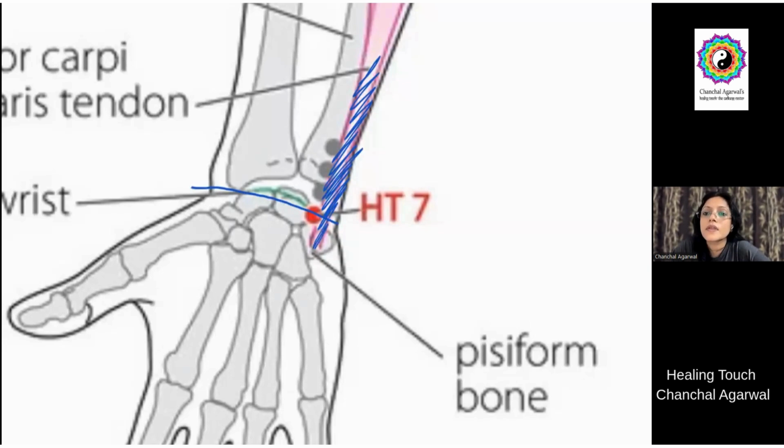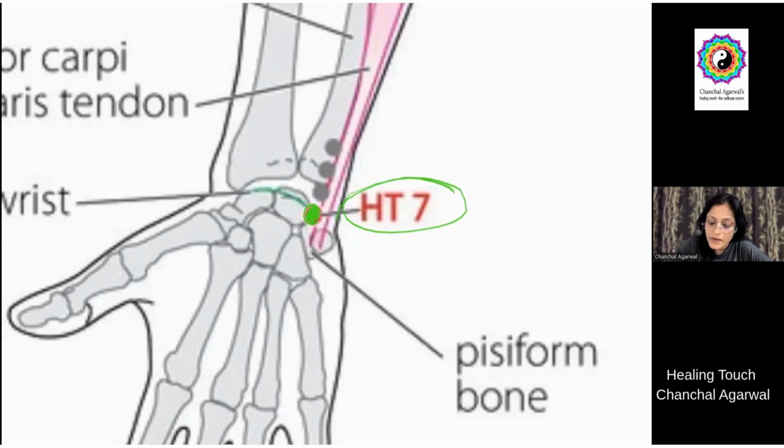After locating the strong tendon, most of the times I've seen that people plot it here, H7, in the groove. No, that is not H7. You have to come to the radial side. Radial side means towards the index finger. Okay. So towards the radial side, you will find another small groove, and this is H7. Okay.